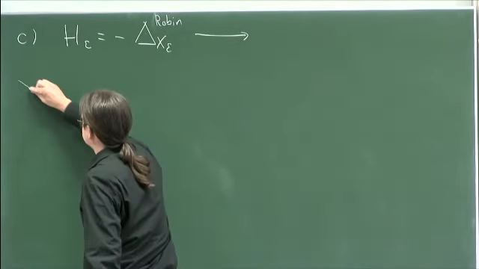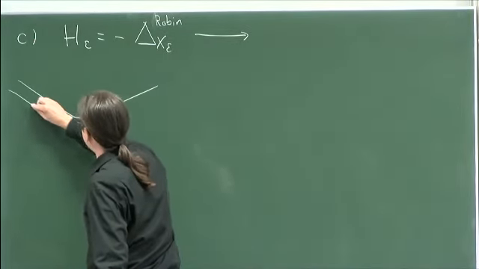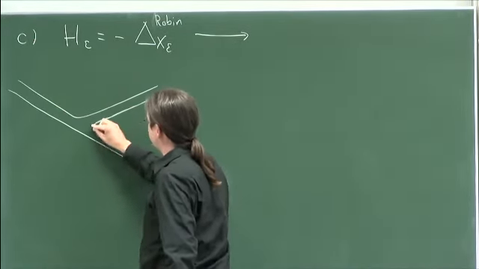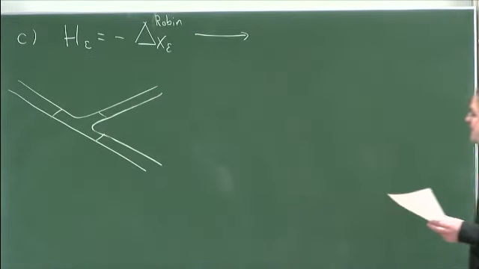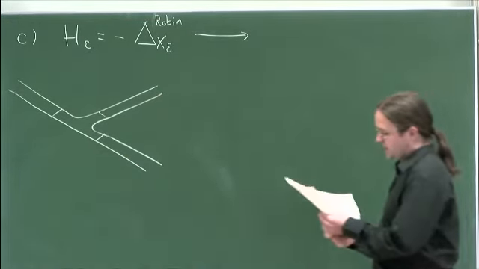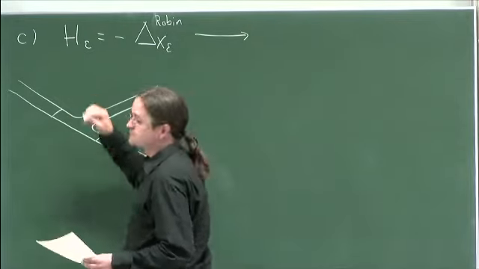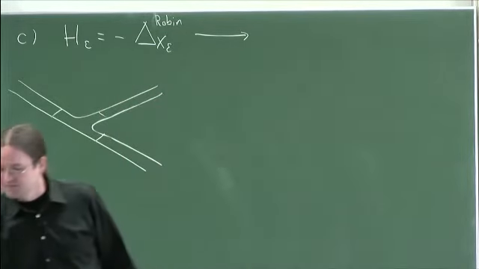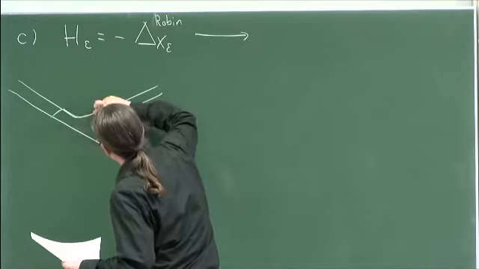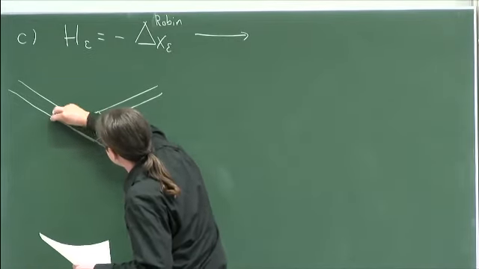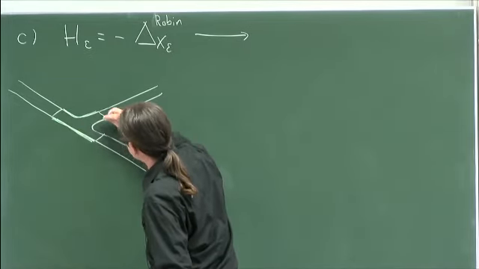Let me draw again a part of this thick graph. I would like to impose conditions here, on this set, which should be green.